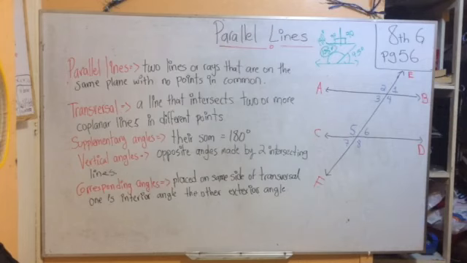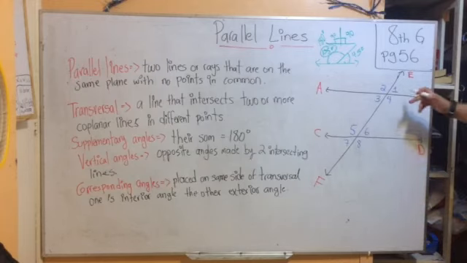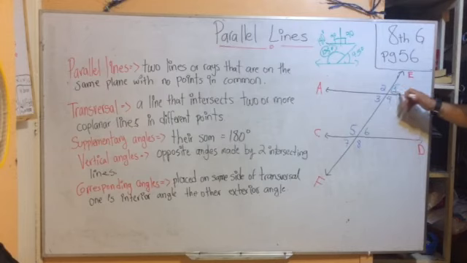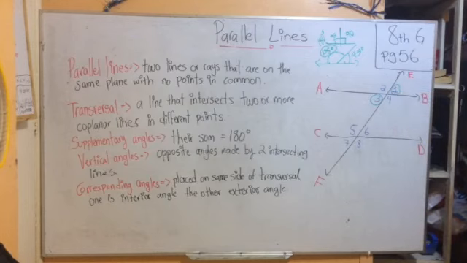Now, when we're talking about vertical angles, we're talking about opposite angles made by two intersecting lines. For example, vertical angles are angle 1 and angle 3, because they are touching at the vertex. Remember that the vertex is the point where two lines intersect.